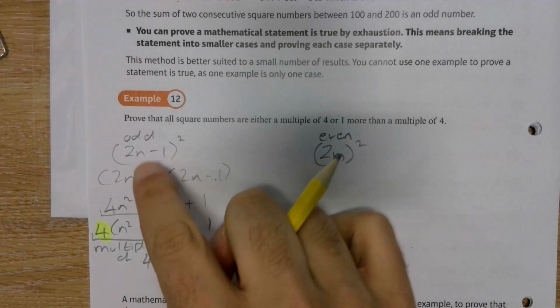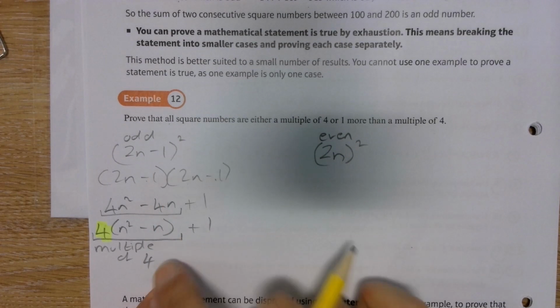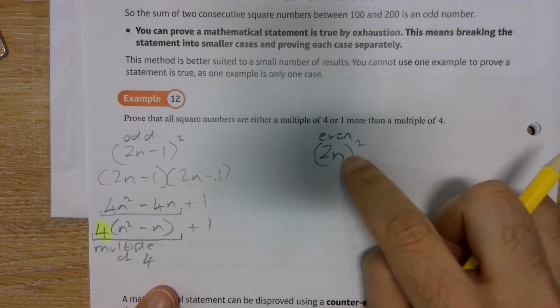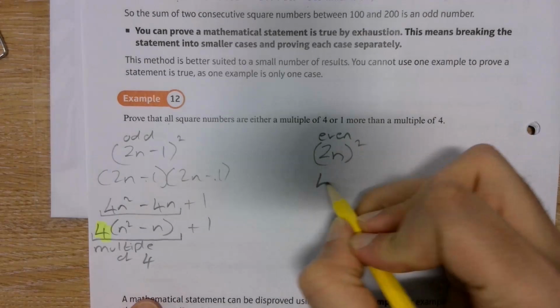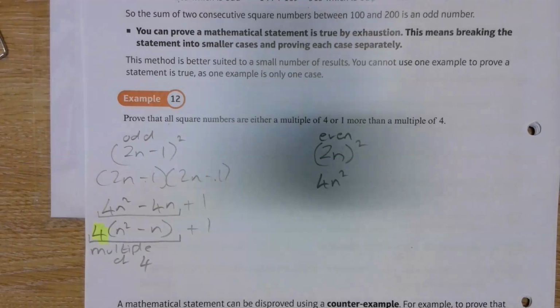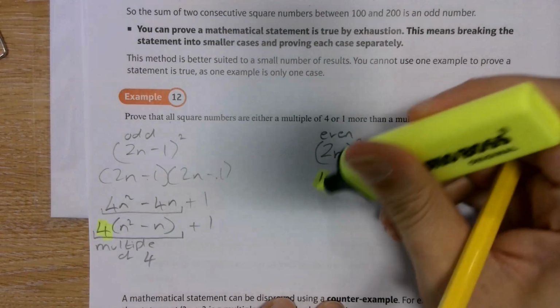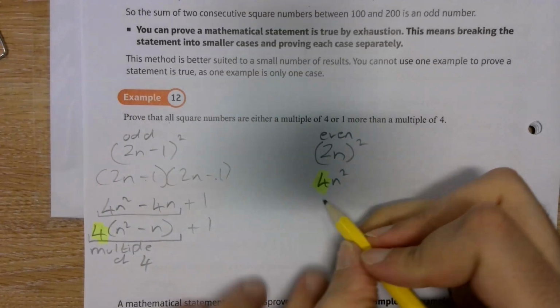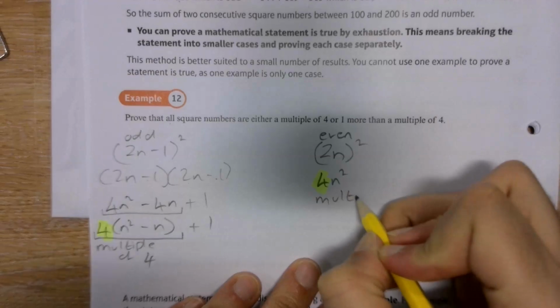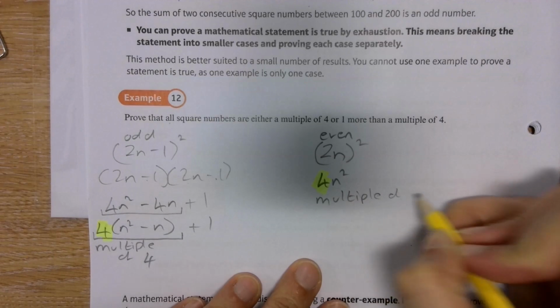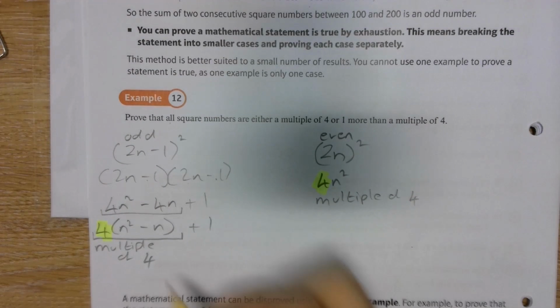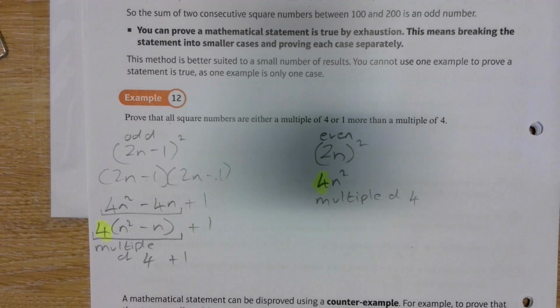So when I square an odd number, it's always one more than a multiple of 4. There's my even number, so when I square that, I will get 4n squared. So because of that 4 there, that one is a multiple of 4. Okay, so we've done it.